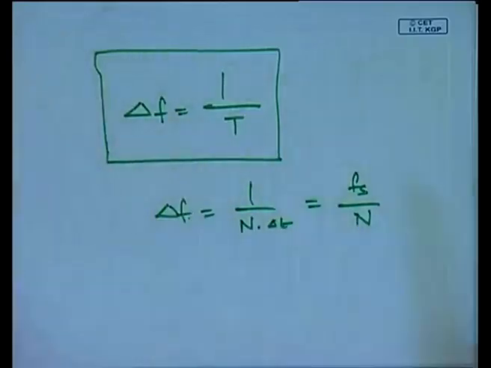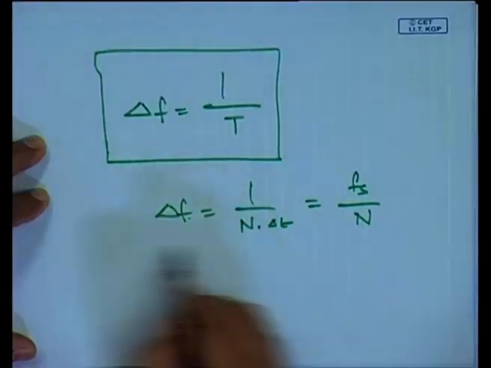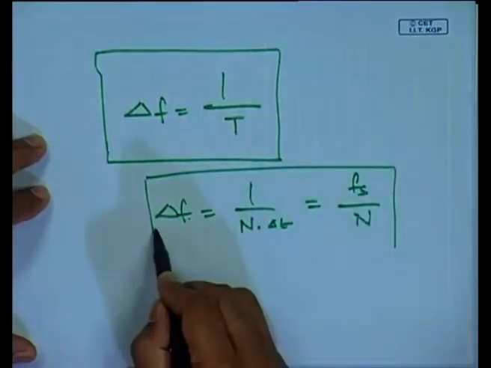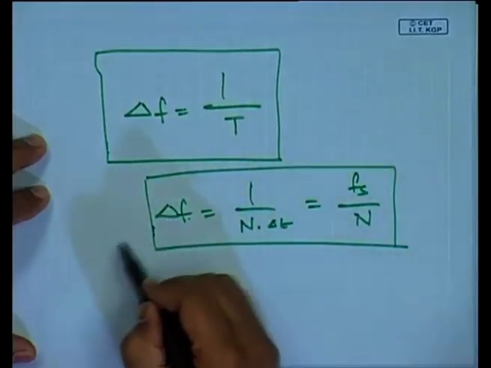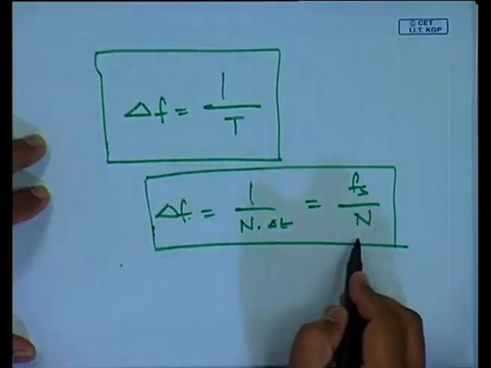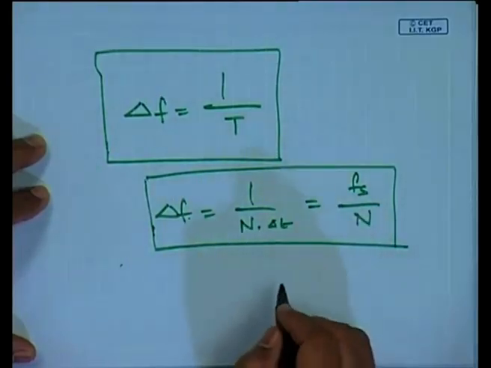Large amounts of data need to be taken to have finer details of the frequency, and this is something you have to keep in mind while setting up your FFT analyzers to do the calculations. I hope this is clear to all of you, and this is very important: how the frequency resolution is related to the sampling frequency and number of data points.